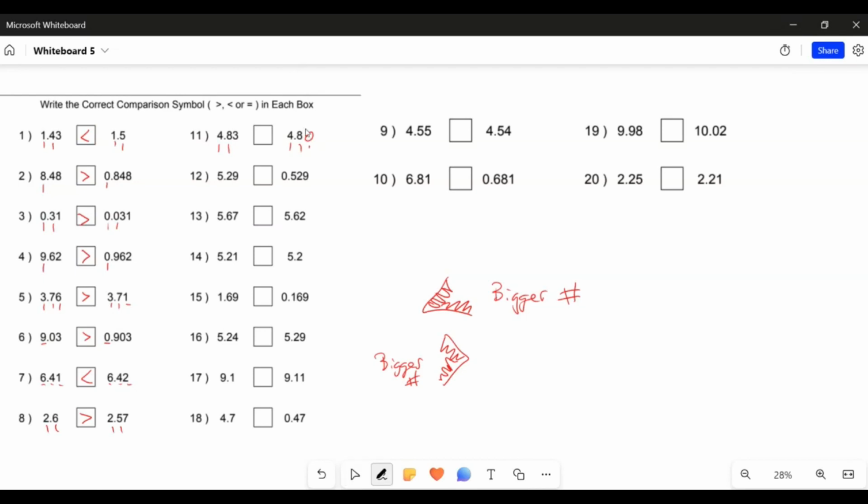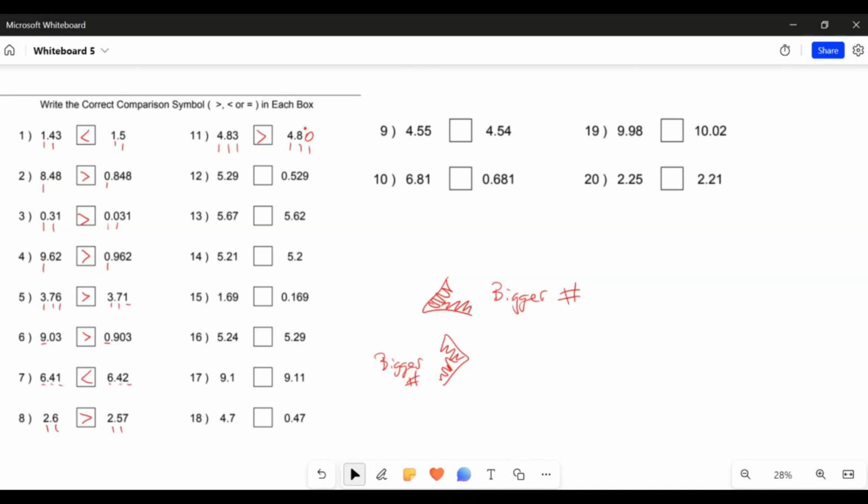So now I have a 0 and I have a 3. The 4.83 is bigger, because the other is 4.80. So you may have to add additional decimal places to be able to determine which one is bigger.